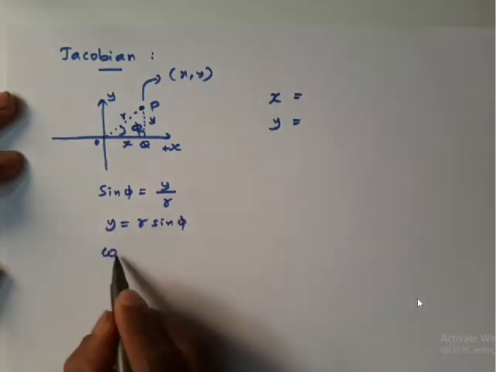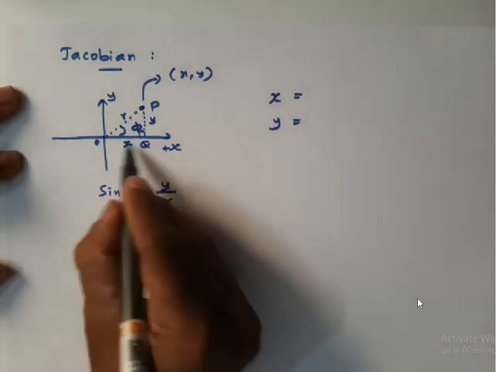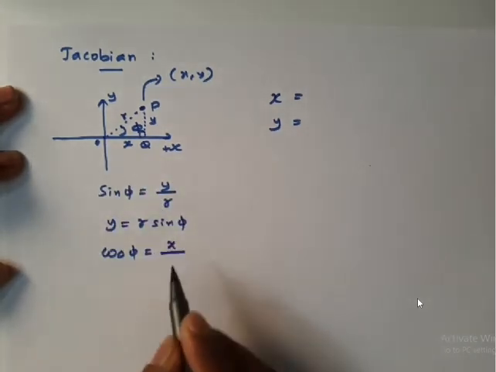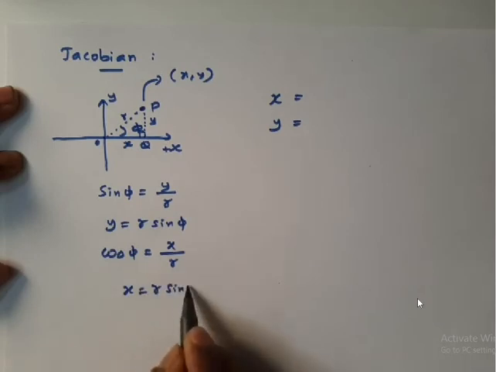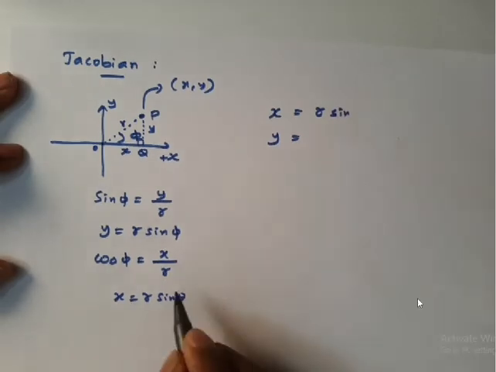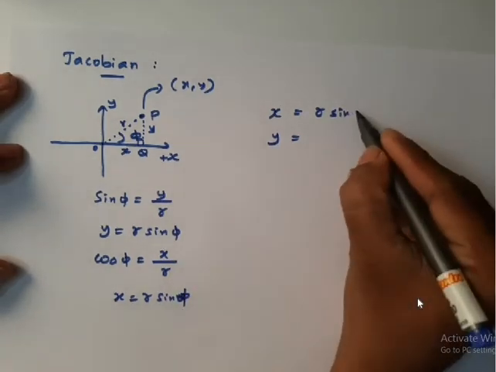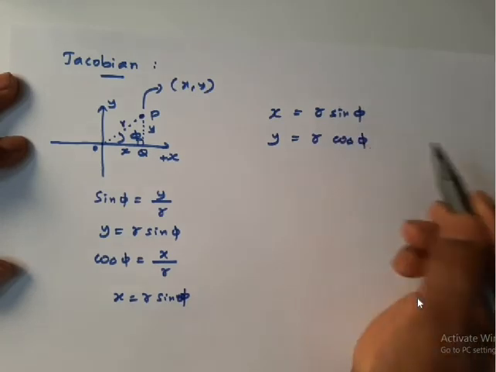Similarly, cos phi is equal to adjacent side by hypotenuse. Adjacent side is x here and hypotenuse is r, so x is equal to r sin phi, and y is equal to r cos phi.